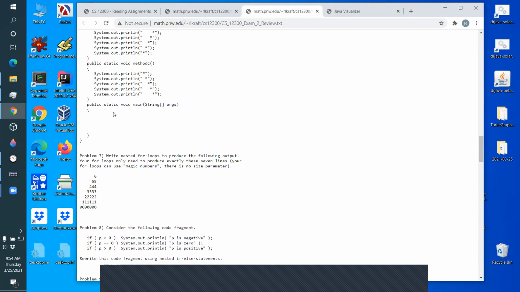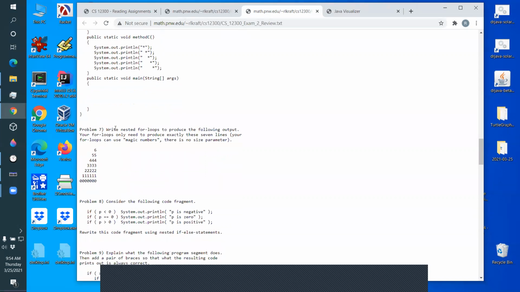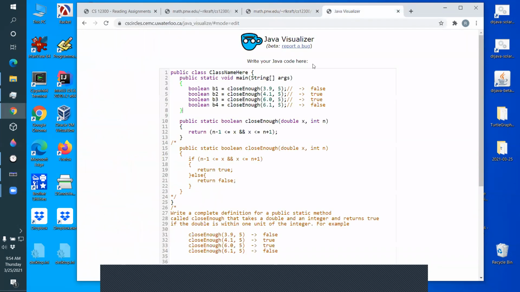Programming is something that takes a lot of practice. So doing as many of these as you can is really good for you in the long run. But the method ones are way more unique than the for loop ones. The method ones, I think, are the better ones to practice, the more important ones to practice.